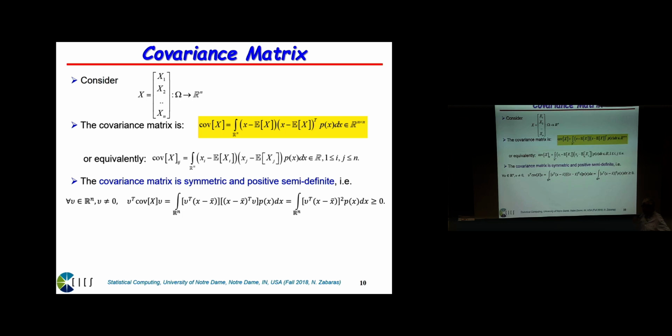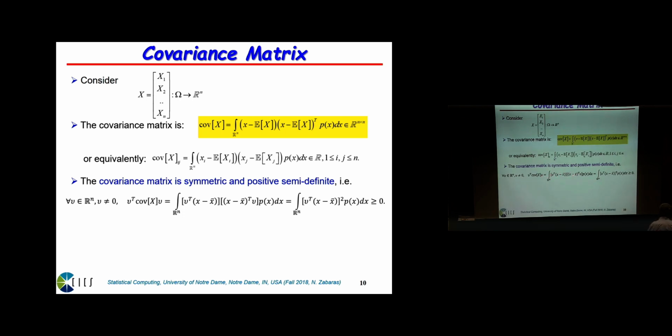Okay? And that has implications, such as the eigenvalues being positive and all of these things. But I can tell you, without this property, almost everything we do in this course and every other course in statistics will be useless. This is a fundamental property. To prove that this is positive definite is very simple. You follow the definition, you multiply with any vector V transpose, and then I combine things to look nicely.